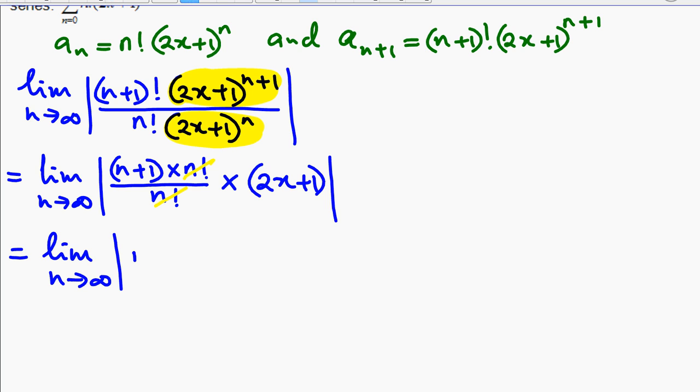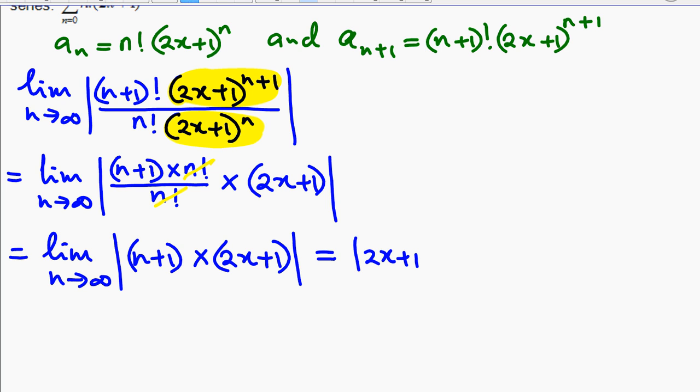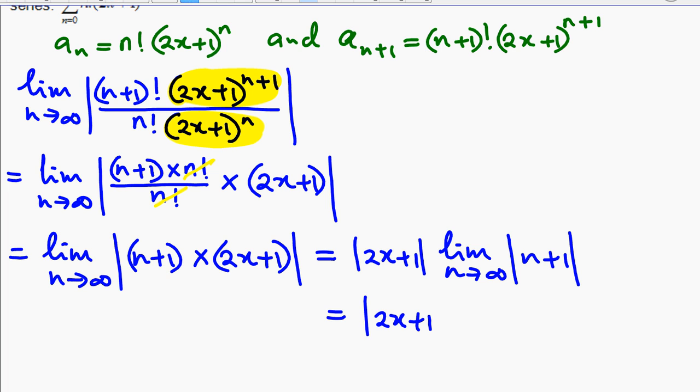So that will be n plus 1 multiplied by 2x plus 1, which will be equal to the absolute value of 2x plus 1, if you factor it out, multiplied by the limit of n plus 1 as n approaches infinity. This will be equal to the absolute value of 2x plus 1 multiplied by infinity.